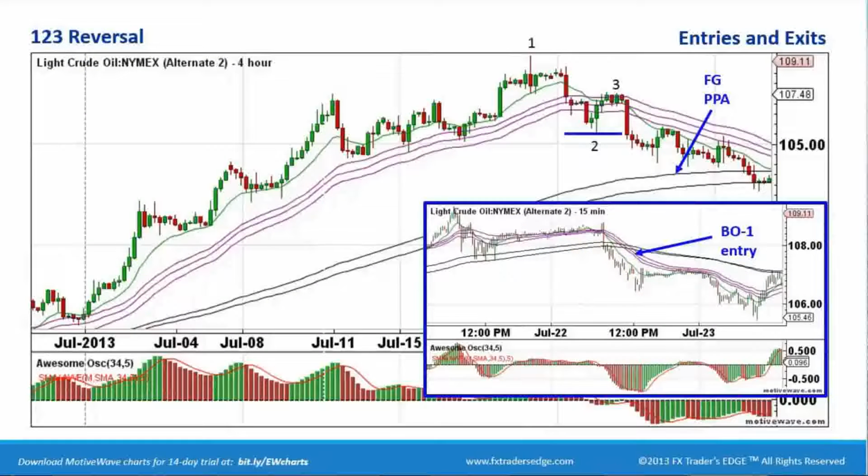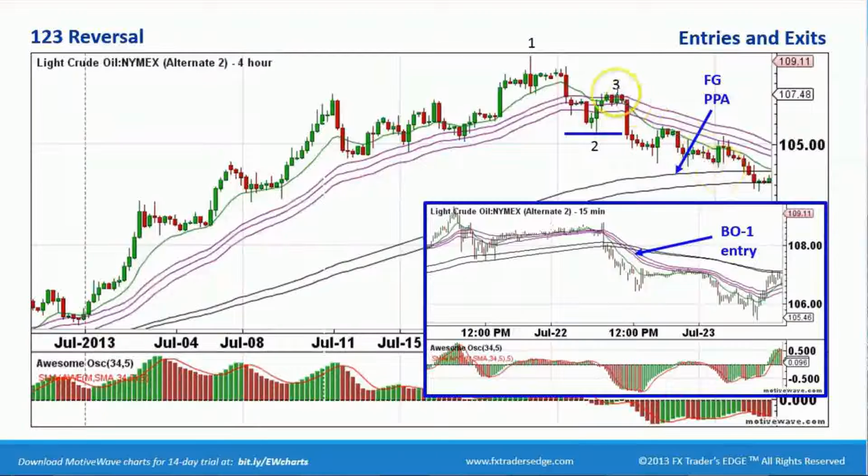In addition to using multiple time frame analysis to determine the PPA for the breakout 1 trade, in this example, we have a 1, 2, 3 pattern setting up on the 4-hour chart. This 1, 2, 3 pattern is the equivalent of a PW setup to trigger the fill the gap trade.